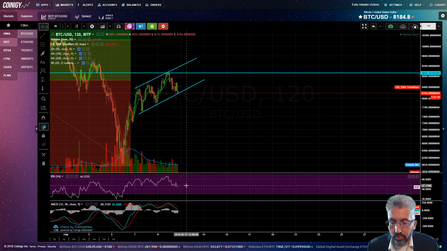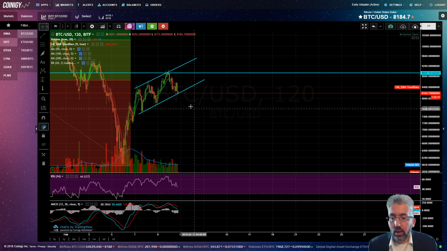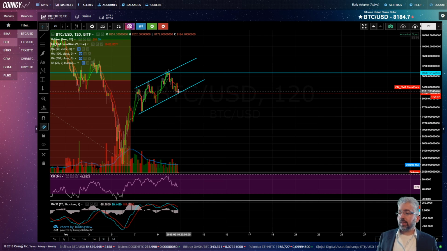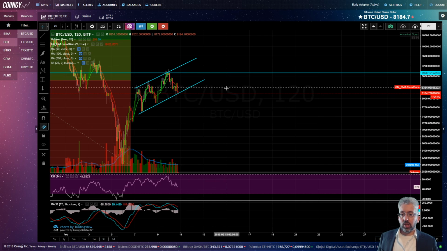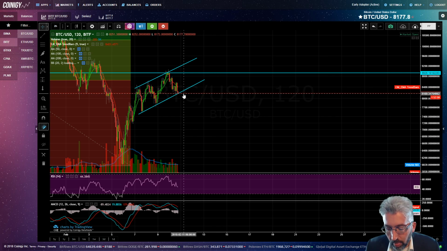And if we look at the RSI, which looks to be going towards 40, and we look at the MACD that has crossed and is going negative, this could indicate that we might not stay in this channel. So let's add another indicator.